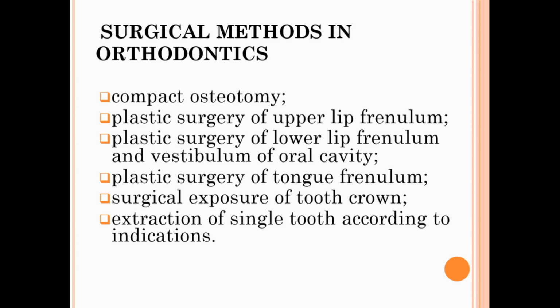Orthodontists use the following surgical interventions in their practice: compact osteotomy, plastic surgery of upper lip frenulum, plastic surgery of lower lip frenulum and vestibulum of oral cavity, plastic surgery of tongue frenulum, surgical exposure of tooth crown, extraction of a single tooth according to indications.